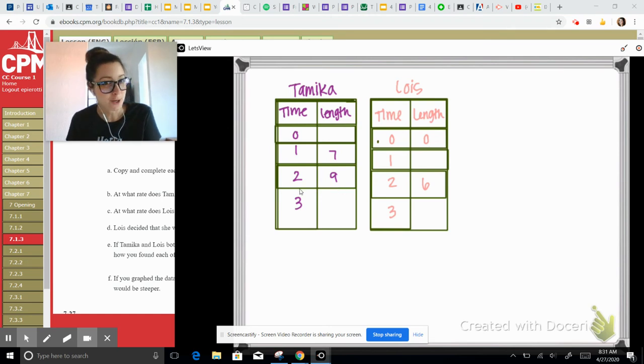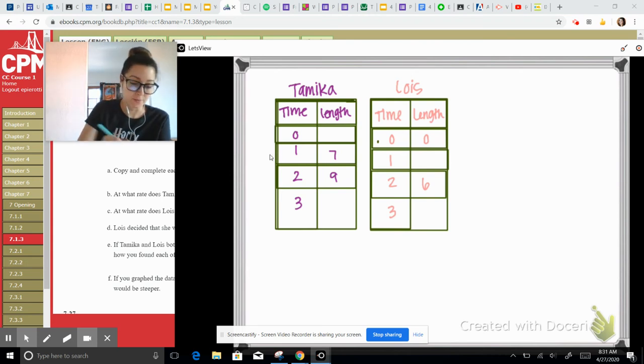But wait, that's not going to work for this one because 9 divided by 2 is not 7. So we're going to look at how much she knitted between hours 1 and 2. So looking at it that way, going from 1 to 2 hours, she had a difference here of 2 inches.